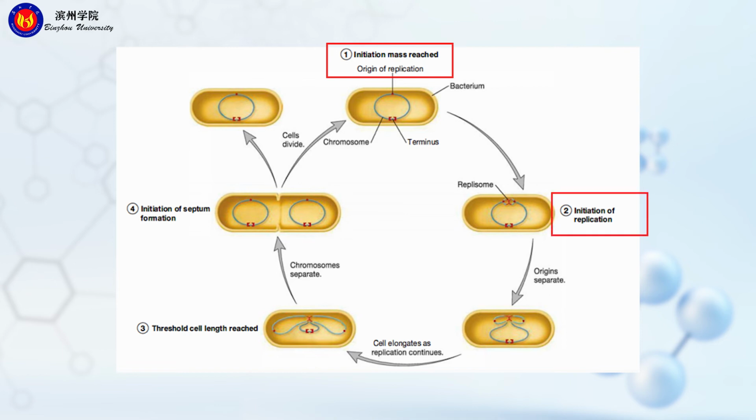As the cell readies for DNA replication, the origin of replication migrates to the center of the cell, and proteins that make up the replisome assemble. As DNA replication proceeds, newly synthesized chromosomes move towards the poles, and the cell increases in length.